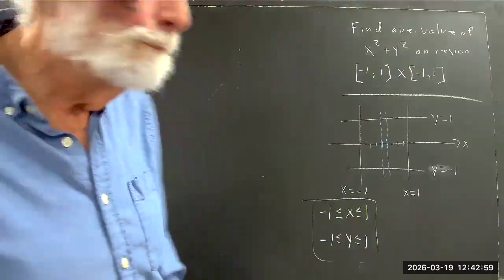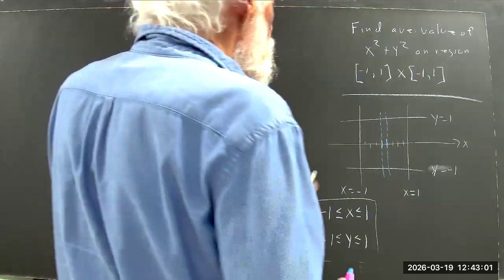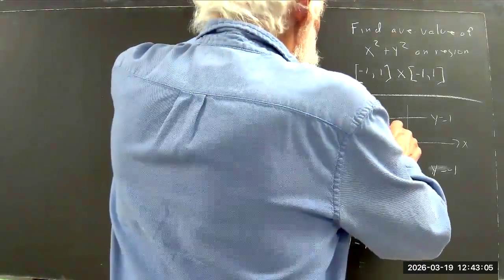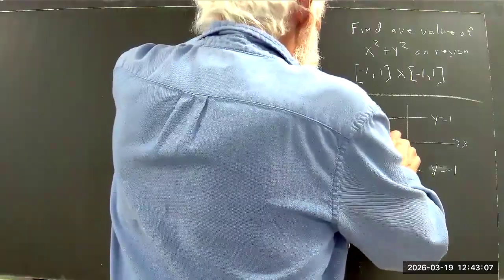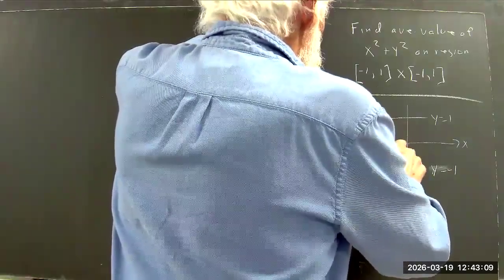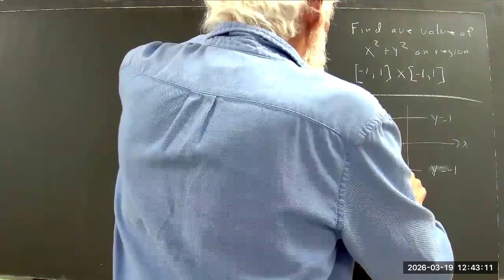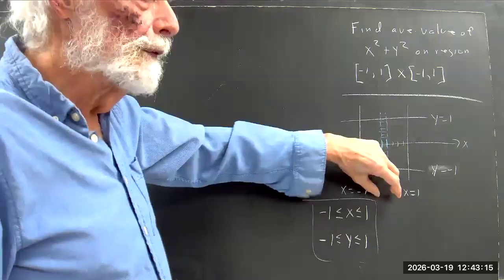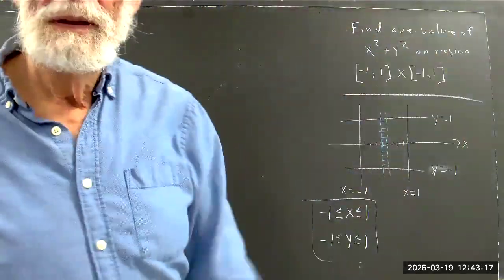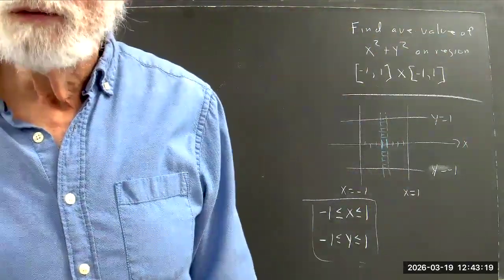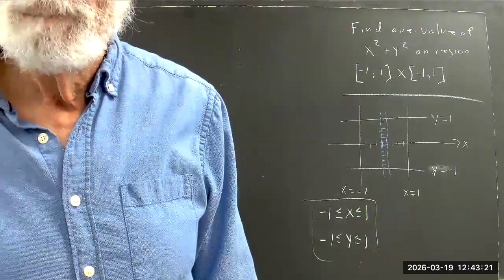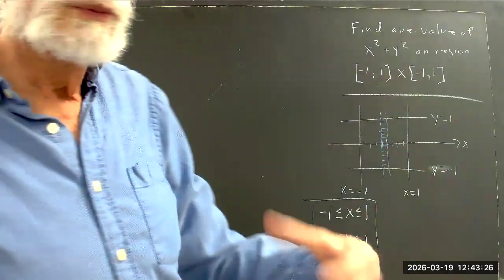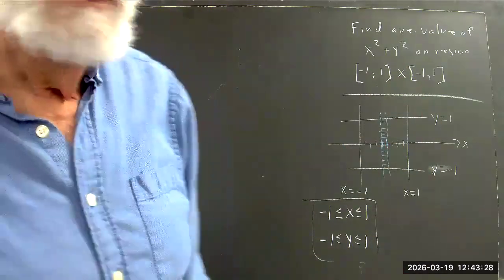Then that interval can be partitioned with respect to y. So we partition x, that gives us a strip of y values, or geometrically a strip of the region that we're integrating over.